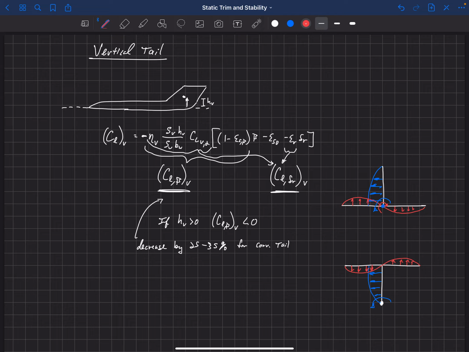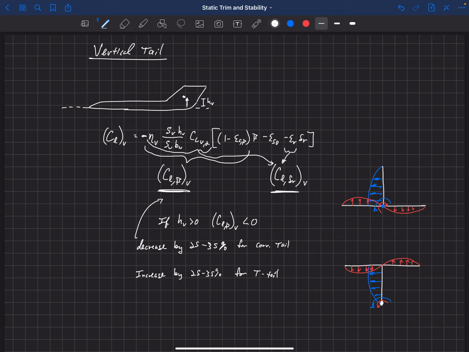So once we sum those forces about the roll axis, that is also creating a negative rolling moment. So it turns out that this interaction is actually stabilizing, and so we actually want to increase it, and again, just a rough estimate for that is increase by 25 to 35% for a T-tail, okay?